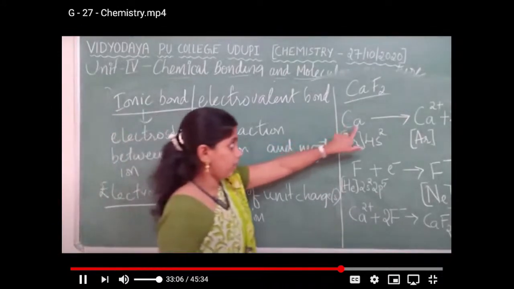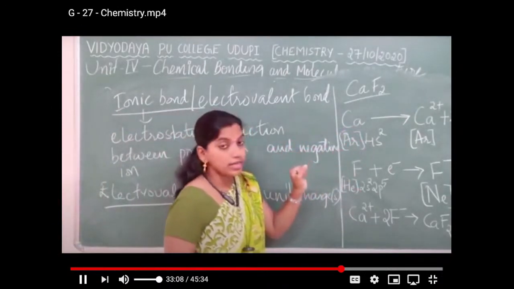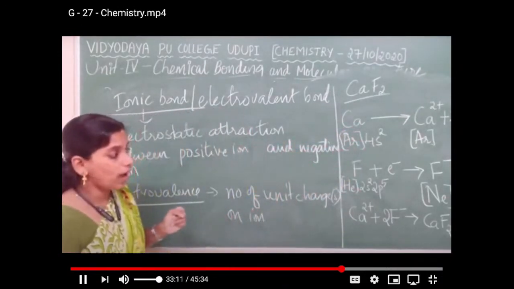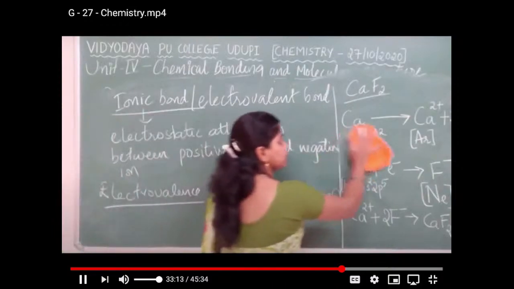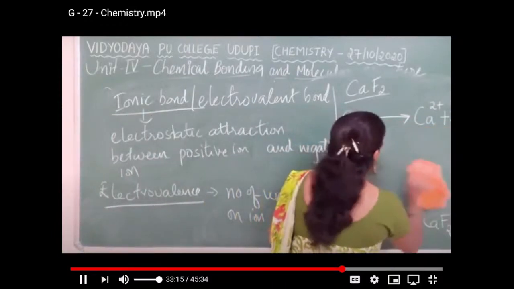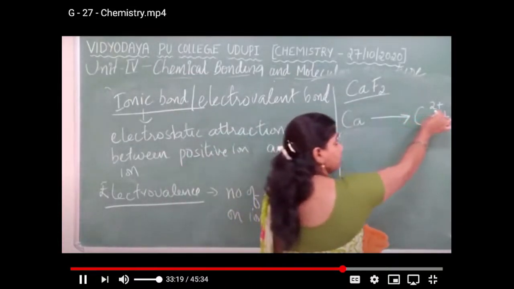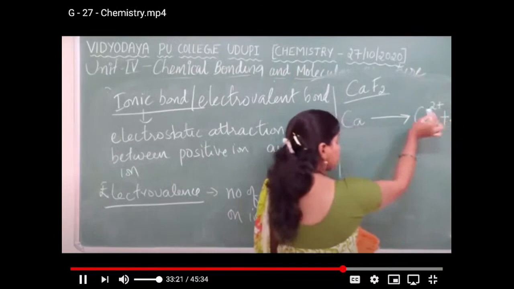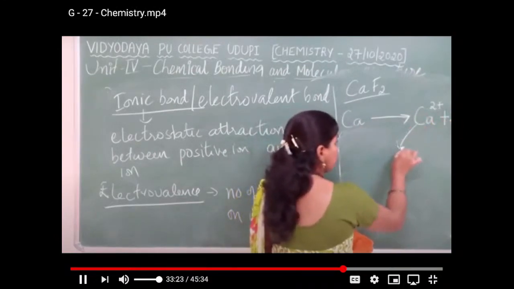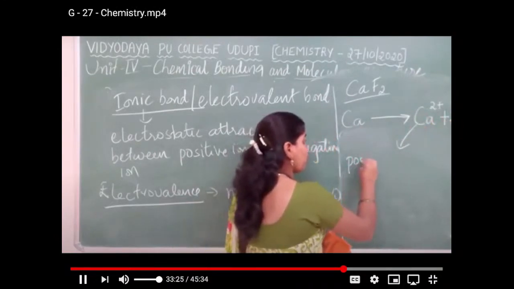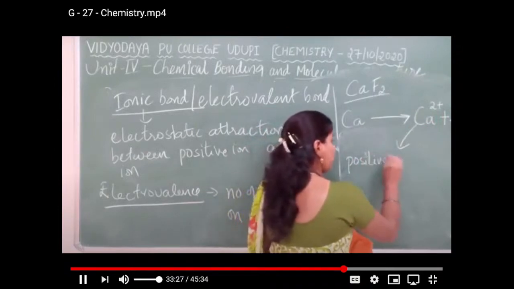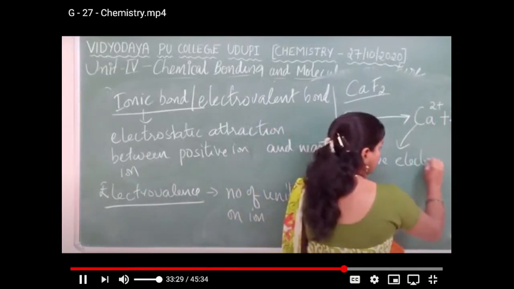Now calcium, if you take here, calcium has positive electrovalence of 2. Calcium forms Ca2+, giving 2 electrons, right? So it is having 2+ charge here. So the electrovalence of the calcium is positive electrovalence of 2.